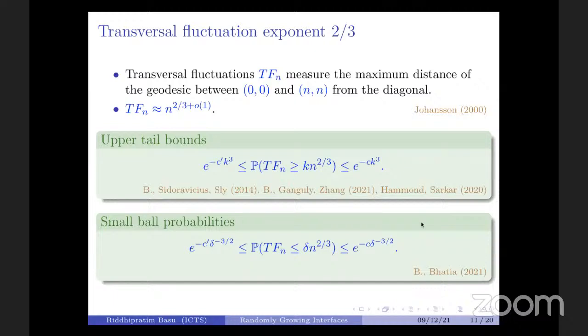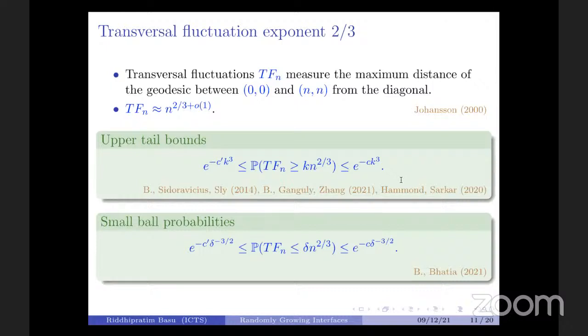In particular, we now know that the probability that the transversal fluctuation scaled by n to the 2/3 is larger than some large constant k decays like e to the minus a constant times k cubed. The upper bound was obtained by us in a couple of works, and the lower bound was obtained by Alan Hammond and Sourav Sarkar in another separate paper.